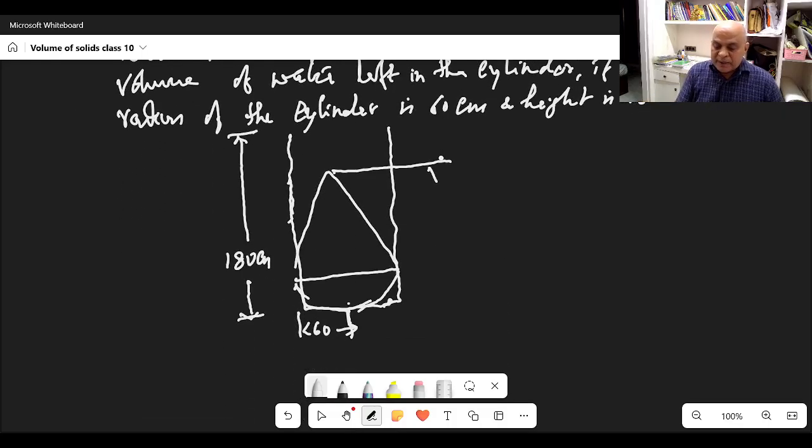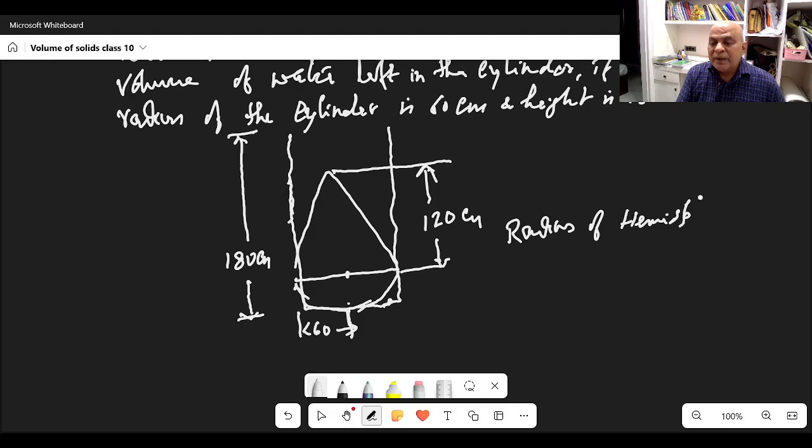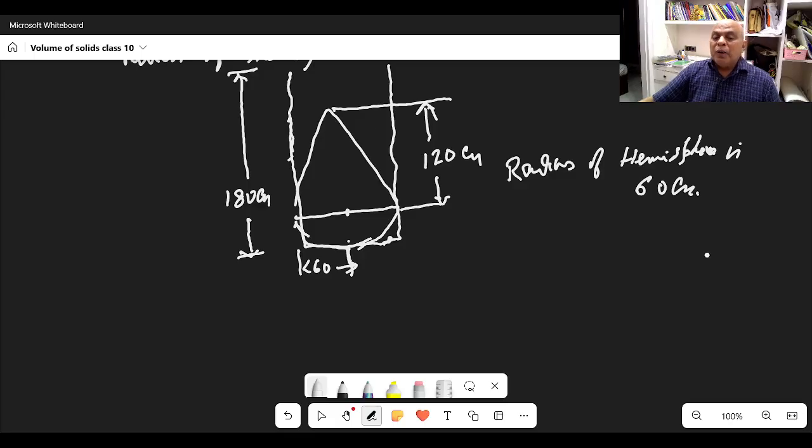The radius of the hemisphere is also 60 centimeter, exactly the same. So first of all, find the volume of the cylinder.